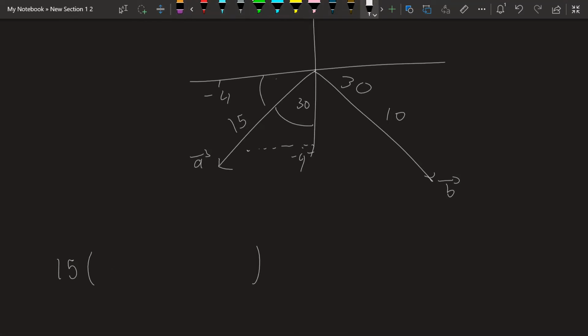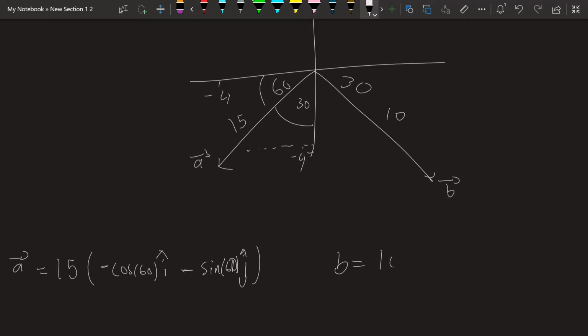So this angle is going to be 60 degrees, right? So sine 60 will give you the y value. Sine 60j will give you the y value, and there's a minus. And cosine 60i should give you the x value, right? And they're minus because they're in the third quadrant. This is A, right?